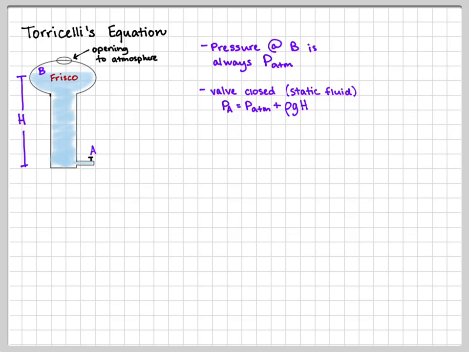We want the surface of the water up top at location B to be at atmospheric pressure, because it's in contact with air, so you can always say it's just atmospheric pressure, 1 times 10 to the 5th pascals.